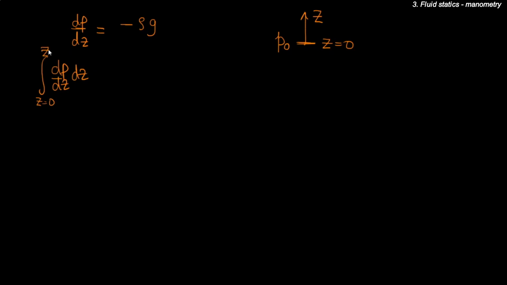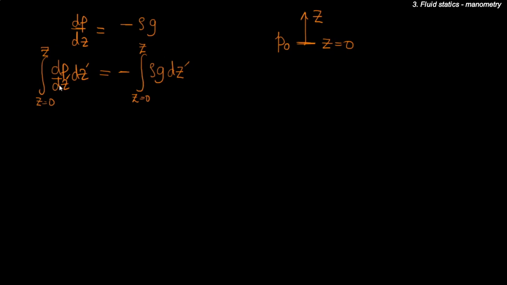If we want to integrate to some arbitrary z, the z inside the integral must be set to a dummy parameter of integration. I cannot keep both of them z. This has been taught to you in class 11, 12 or something. So this will be minus integration of rho g dz prime, where z prime will now vary from 0 to some arbitrary z.